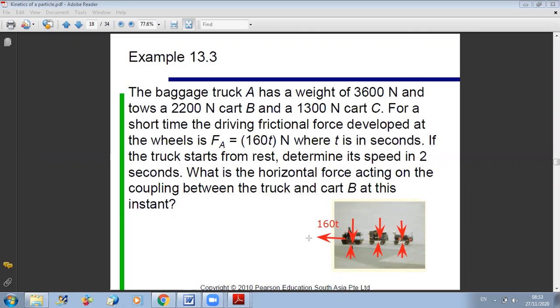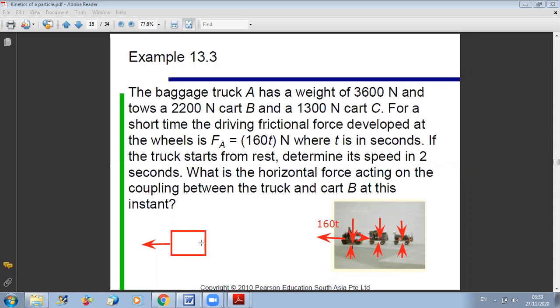Now, which system should I take? Do I take A alone, B alone, or the whole system? Why should I take the whole system here? Because if you take A, for example, alone, you have the force Fa acting on A, but also when you isolate A, you should consider the interaction between A and B. When you take the whole system, this interaction becomes internal, so no need to account for it.